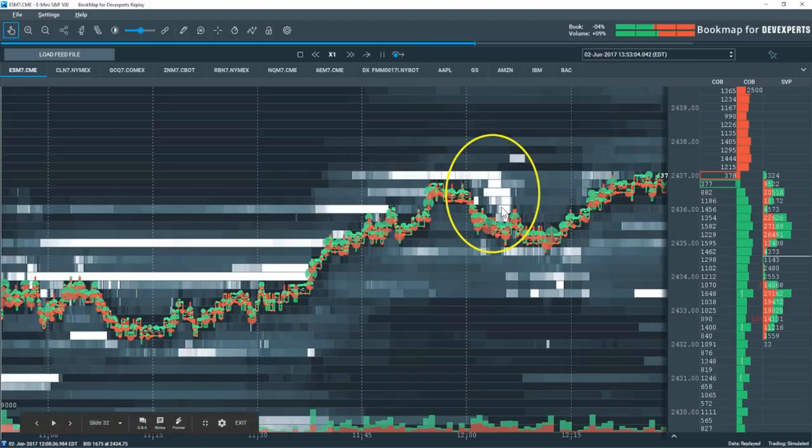That is pushing price down into an area, and we're going to get very advanced about this. We're talking about potential spoofing here into liquidity on the bid, and the imbalance in that book.